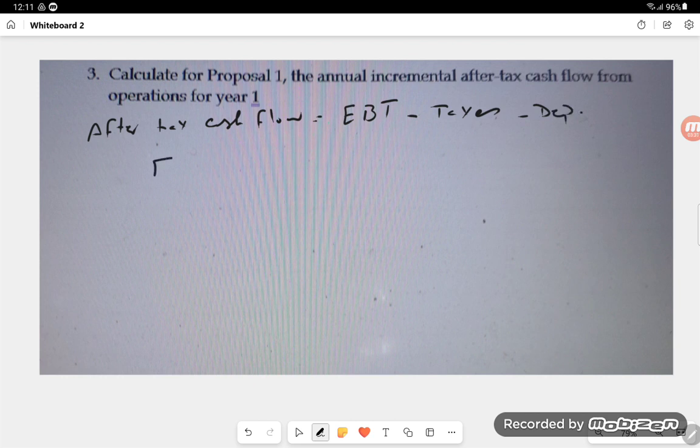Earning before taxes is calculated as annual net profit before depreciation and tax minus depreciation.